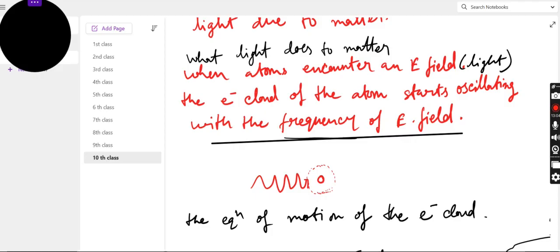So that's why I say that almost every time the electron cloud starts oscillating with the frequency of the electric field. And why did I say almost? Because when the electron cloud has a natural frequency equal to the frequency of the electric field, it starts resonating. So basically, it doesn't change its frequency to the electric field because its frequency already was almost equal to the electric field.